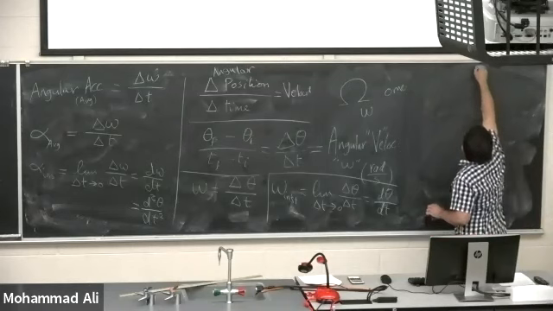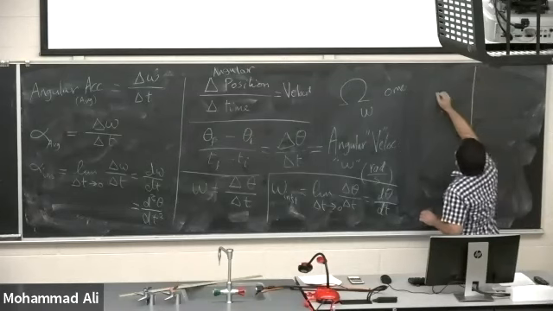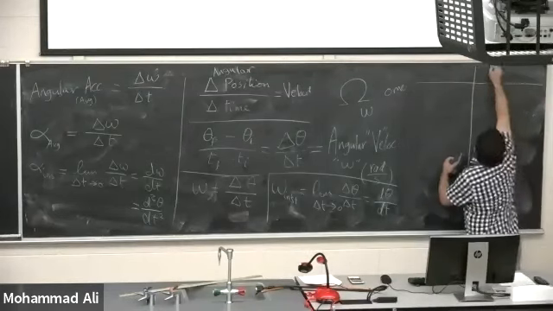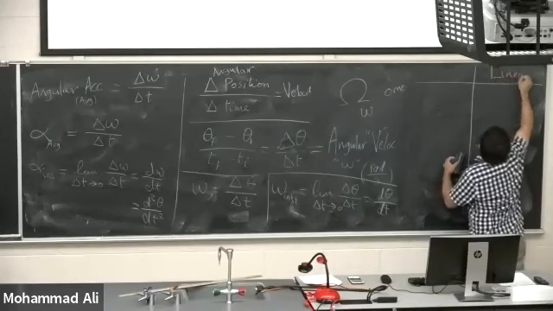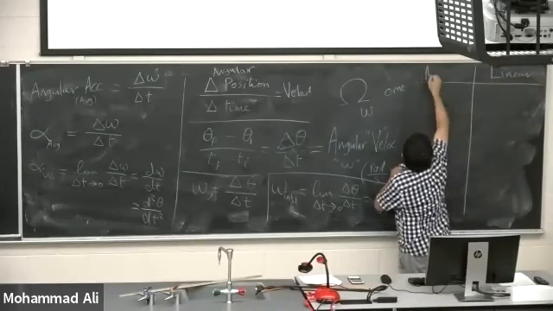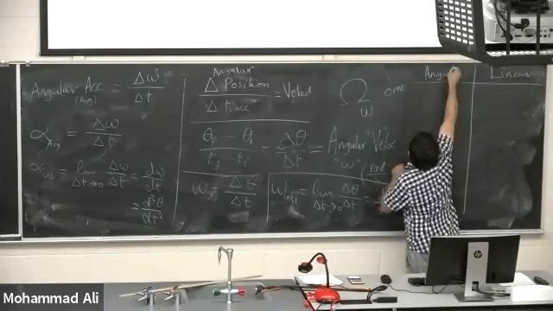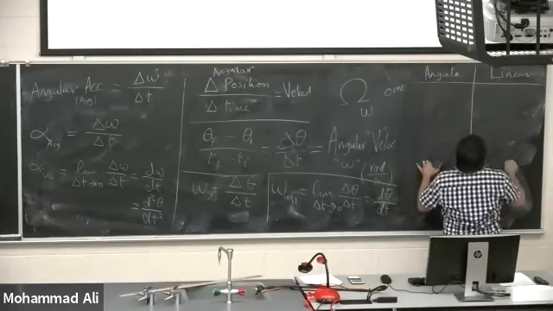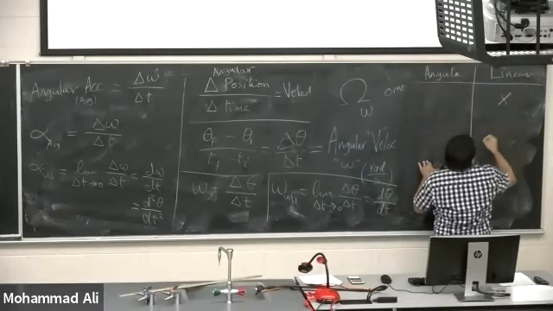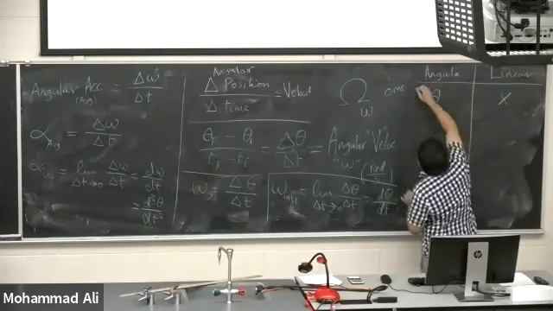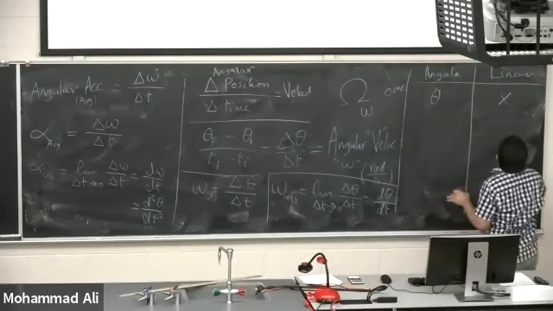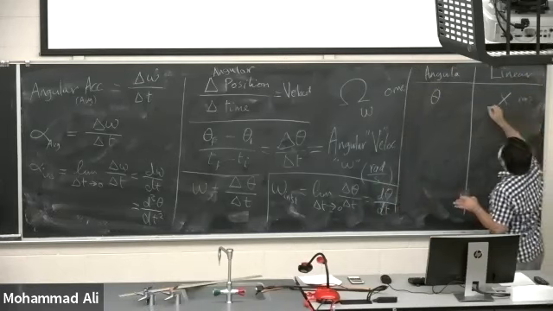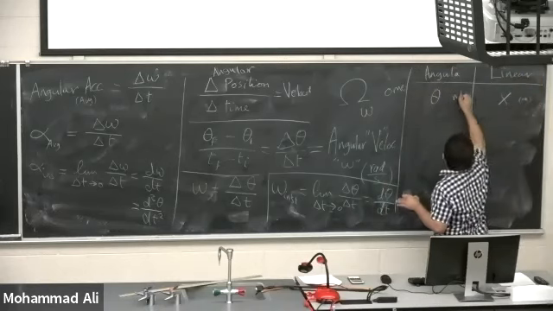Now, we have the linear and the angular. We have the position, it was x, but we have theta now. This is in meters, but this is in radians.